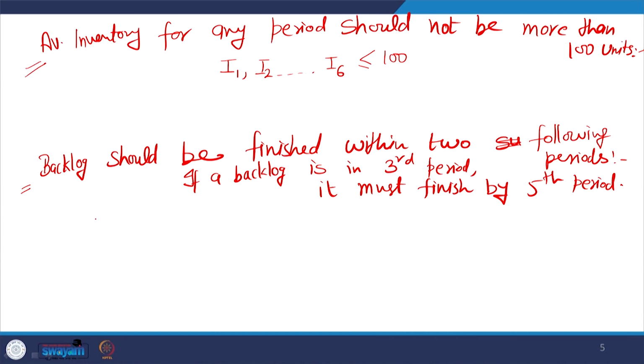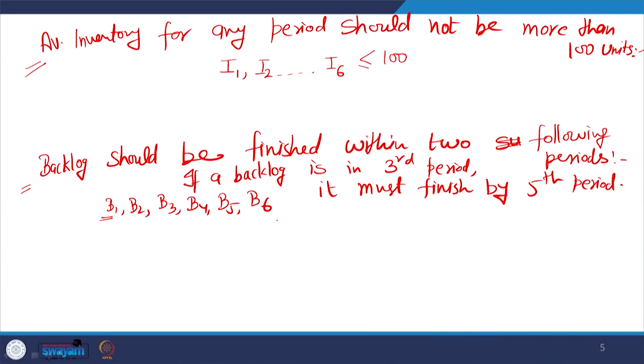So, if backlog is represented by B1, B2, B3, B4, B5, B6, etc. Now, whatever is your backlog B1 in this particular period, your production of the second and third period should take care that this B1 is able to finish.